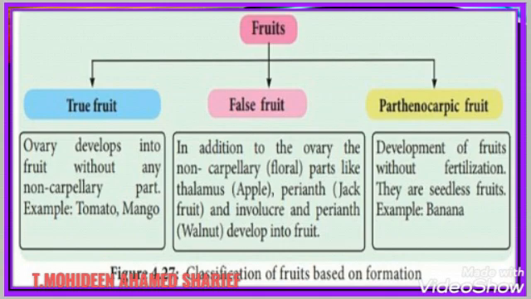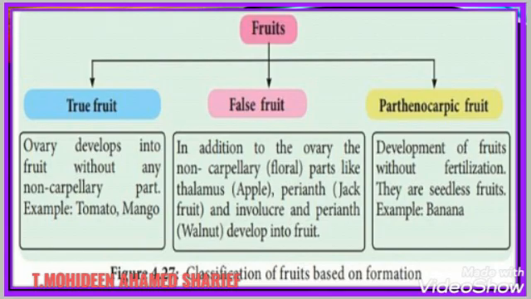So next you can see in the tabular column, it has been given about the nature of berry, drupe, hypanthodium, hesperidium, pome and balausta. So berry, it develops from bicarpellary or multicarpellary syncarpous ovary, and its epicarp nature is thin.